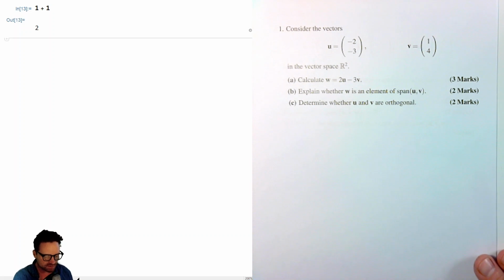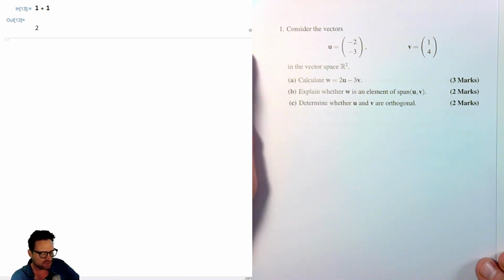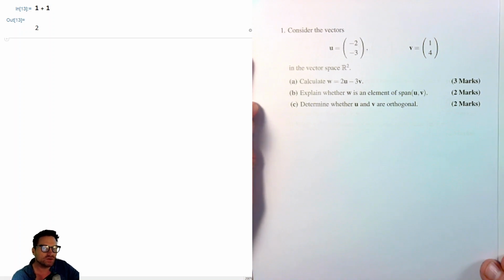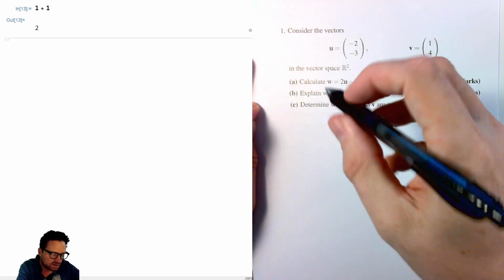Consider the vectors u and v in 2 space. Calculate w, which is 2u minus 3v. So let's go ahead and do that.